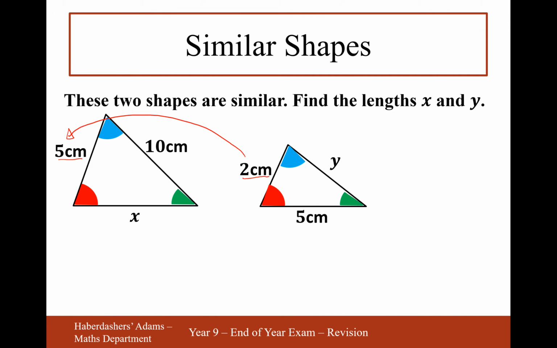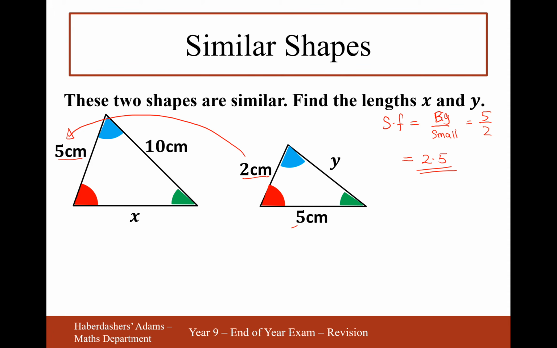Well, you can kind of tell that it's 2.5, and if you can never work it out, then it's always the bigger number divided by the smaller number. So scale factor equals big side divided by small side. And in this question, it's 5 divided by 2. And if you can do that on the calculator, or if you just know that 5 over 2 is equal to 2.5, then you know what the scale factor is.